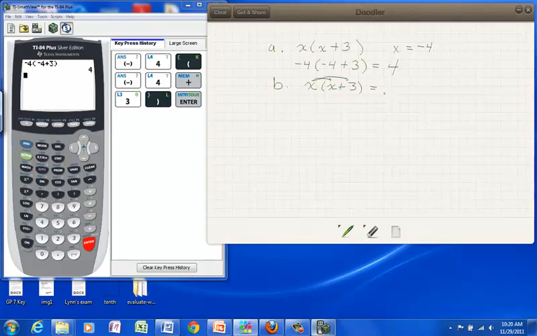So x times x is x squared. X times 3 is 3x. Then part C says substitute x equals -4 into your simplified expression. So I'm going to put -4 in for x.